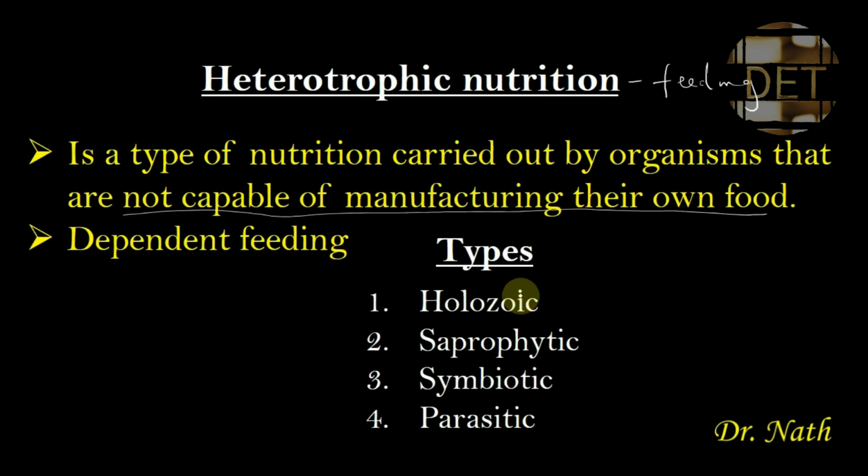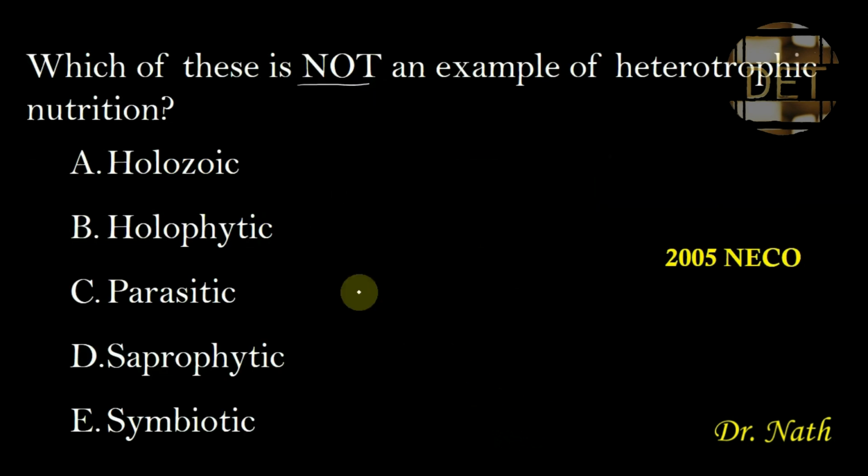We have looked at the four basic examples of heterotrophic nutrition: holozoic nutrition, saprophytic nutrition, symbiotic nutrition, and the parasitic nutrition. So which of these options is not an example of heterotrophic nutrition?